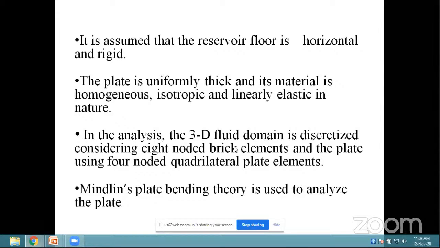To make it simpler, we have decoupled it. Fluid is separate, plate is separate. Clear? The plate provides an acceleration to the fluid domain, and the fluid gives pressure to the plate.